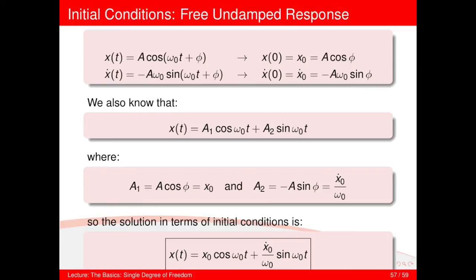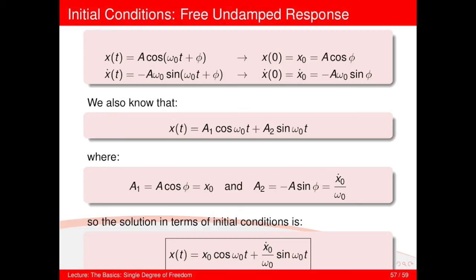So if you've been given a question that's a free, undamped system, and you've been given initial conditions, what happens when time is 0 for the displacement x naught and the velocity x dot naught, then you can go straight to this solution here, knowing that x naught is a1 and a2 is x dot naught divided by omega naught.